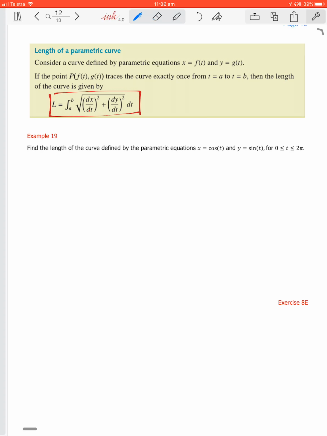Okay, so the length of the curve defined by the parametric equations cos of t and sine of t for 0 less than t less than 2 pi. So we start with x equals cos of t, so dx/dt is negative sine of t. y equals sine of t, so dy/dt is equal to cos of t.